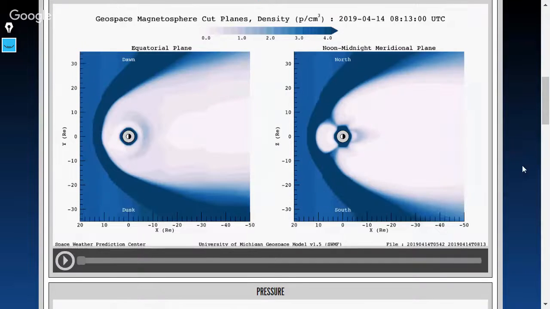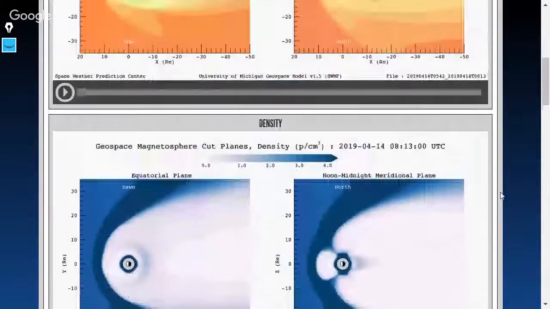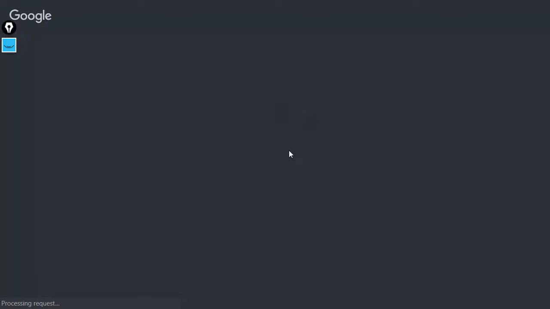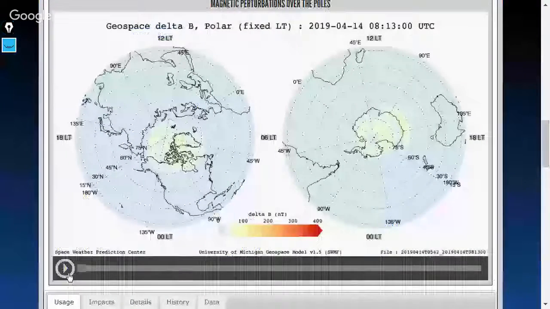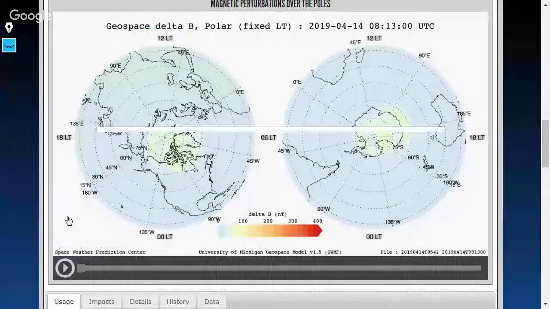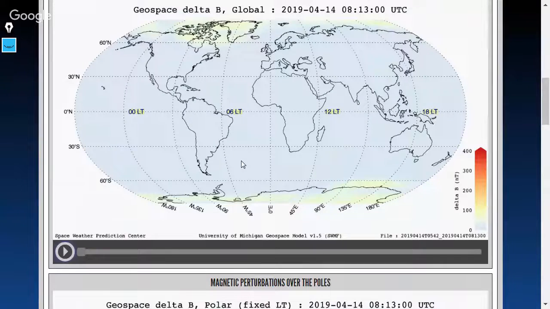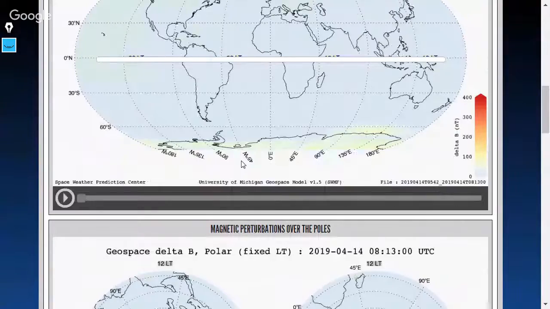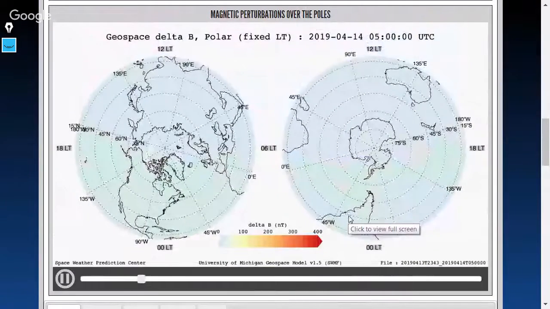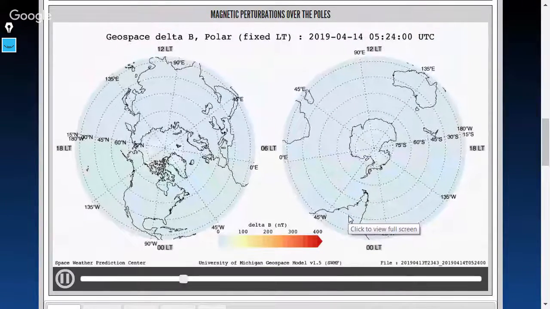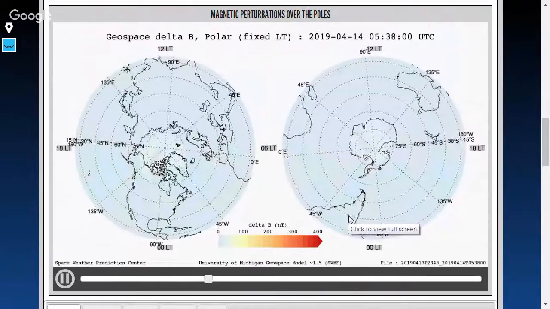And let's just look at the still images of the density and the velocity before we move on to ground perturbations here, geospace ground perturbations. So we don't see a lot of perturbations, and that's not really any surprise at all.